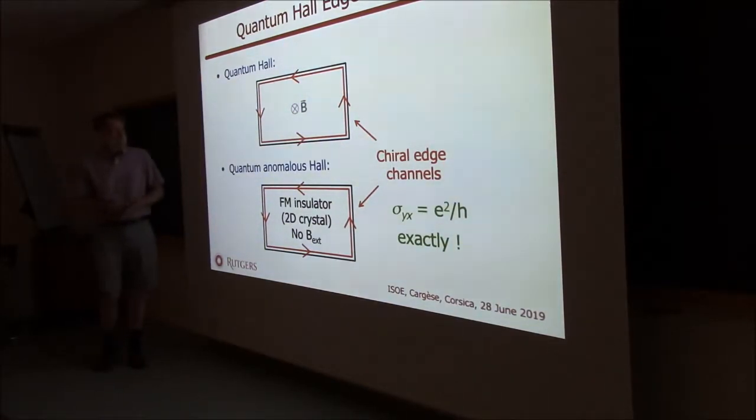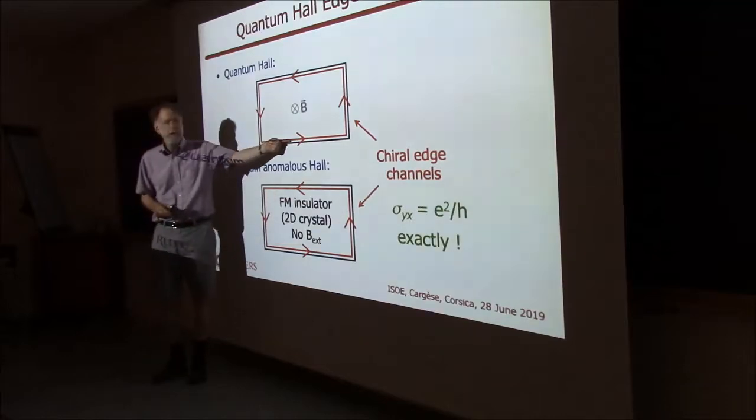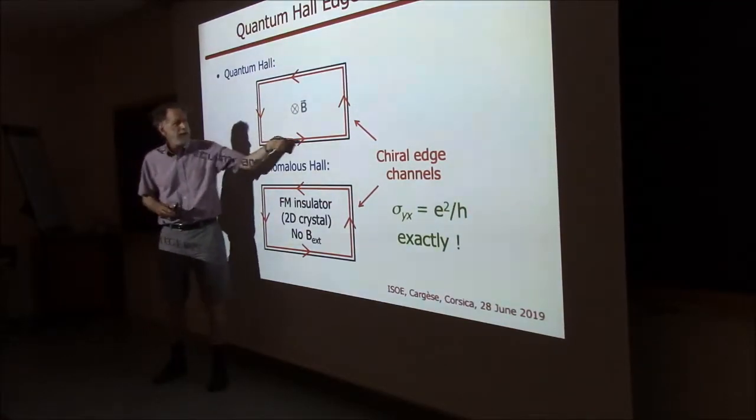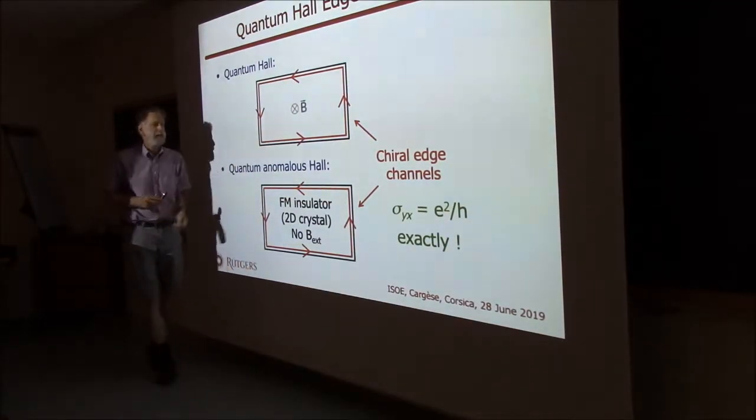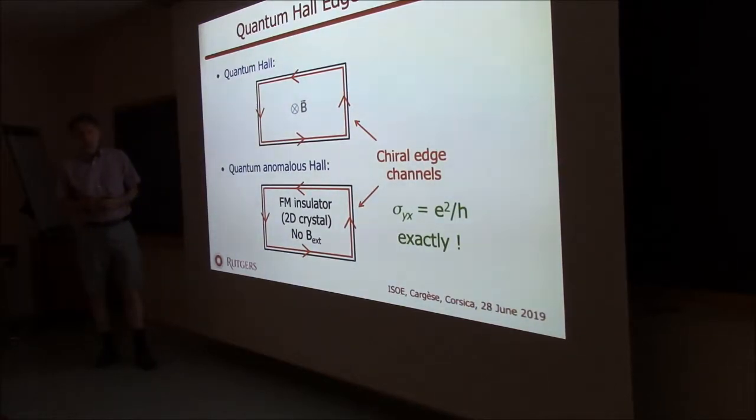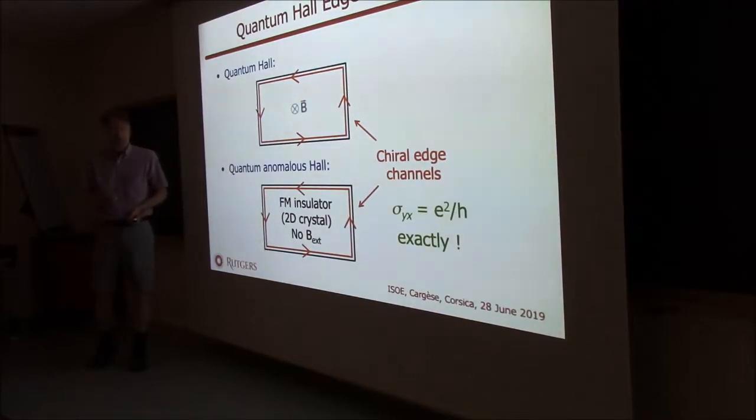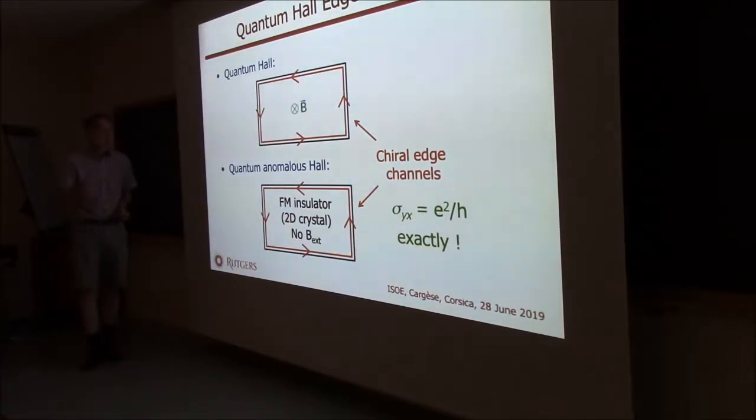What that means is that there's a state at the boundary that has a Fermi velocity in, let's say, the counterclockwise direction, but there is none in the clockwise direction. And that's true both in the quantum Hall state and in this quantum anomalous Hall state. If the Chern number is 1, there's one such edge channel. If the Chern number is -1, it goes the other way.